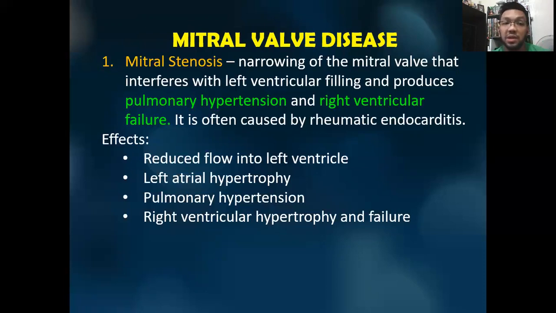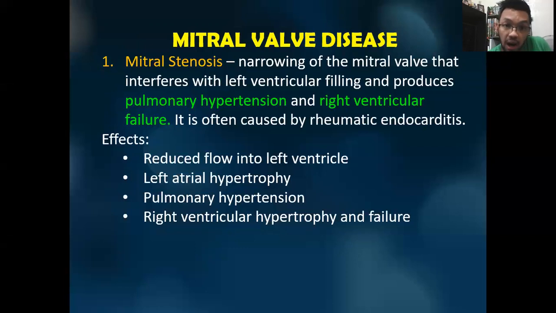So what happens here is that with mitral stenosis, remember the mitral valve or the bicuspid valve is the valve that is in between our left atrium and the left ventricle.